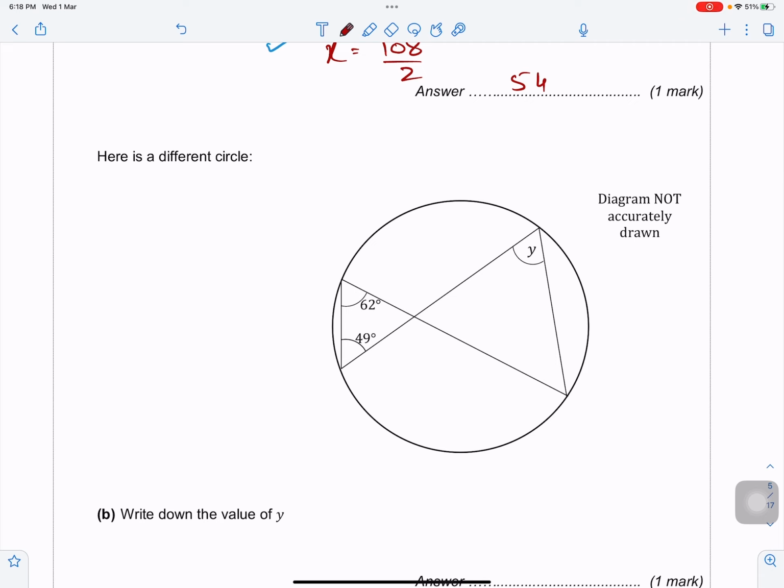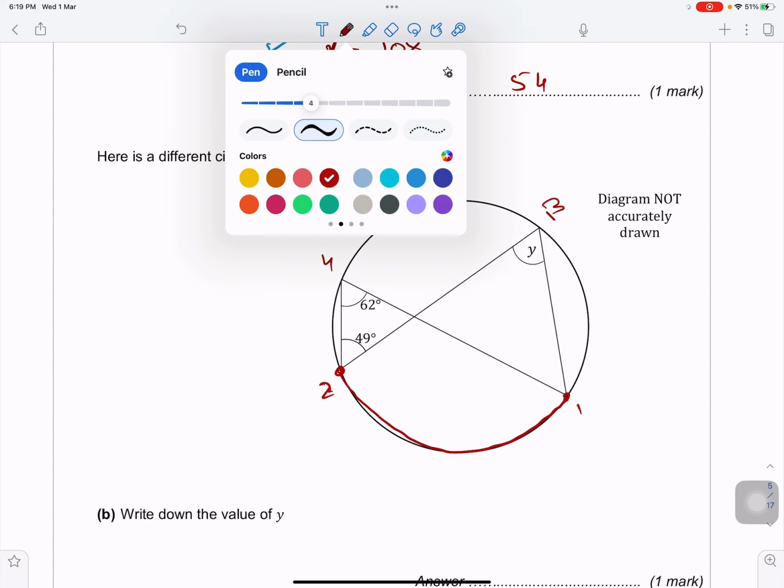See this one. What is the value of y here? Can you think of it? Okay, so now again, look at this arc length. Let me call its ends 1 and 2. They are making 2 angles at the circumference, one here and one here, and the angles should be made by straight lines.